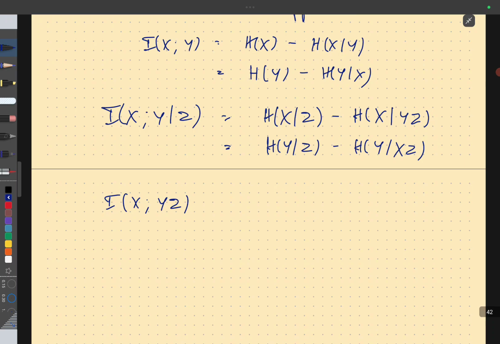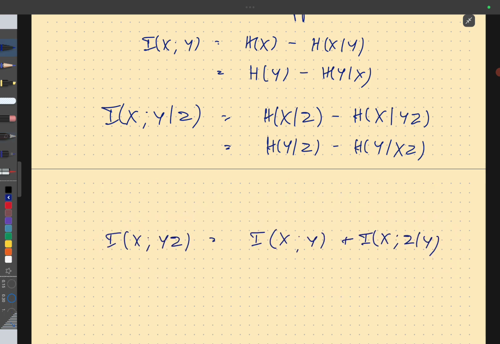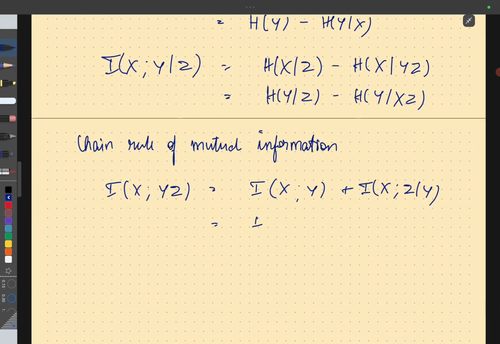So if I have three random variables X, Y, and Z, the mutual information between X and the pair Y comma Z can be written as the mutual information between X and Y plus the mutual information between X and Z given Y. Likewise, it's equal to the mutual information between X and Z plus the mutual information between X and Y given Z.